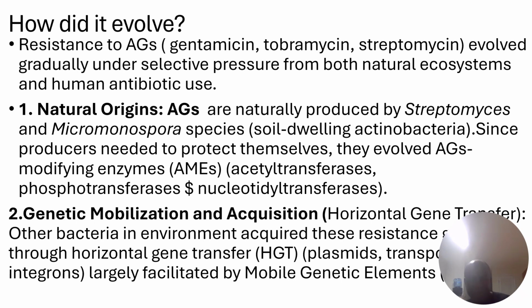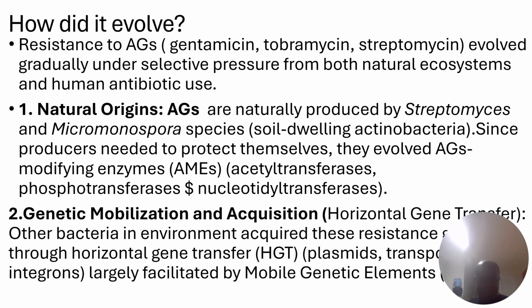Naturally, these are produced by Streptomyces and Micromonospora species, which are in the soil. And since these producers needed to protect themselves, they evolved AGS-modifying enzymes. And this actually started generating some resistance.